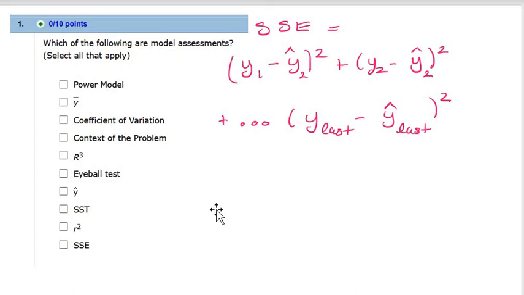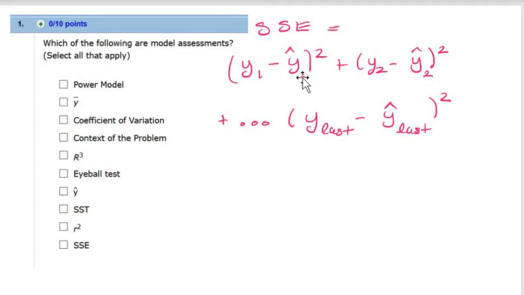SSE, on the other hand, is not between the data points and the mean. It's the data points and a different kind of model prediction that's not the mean. Now here this should have been a subscript 1, y1 minus y hat 1. The y hats are the predictions, and the y1s and y2s are your data points. So let's say it was knees to elbows and I wanted to predict knees to elbows from your max deadlift score.